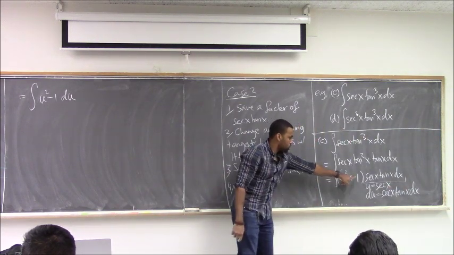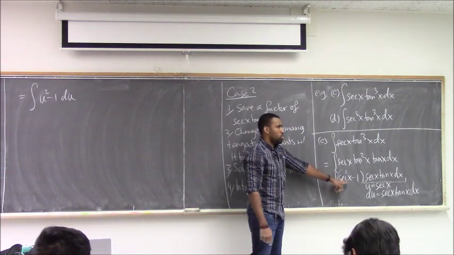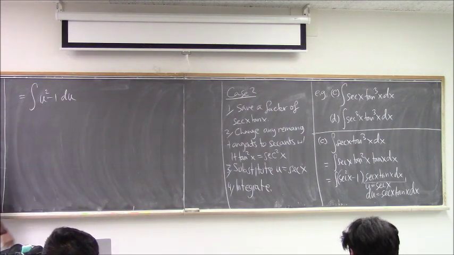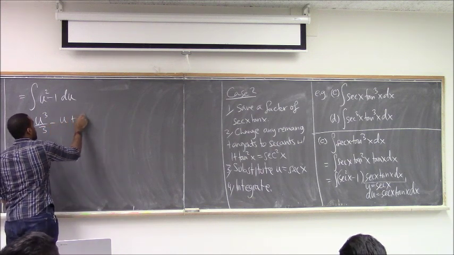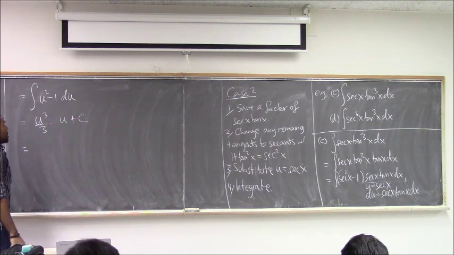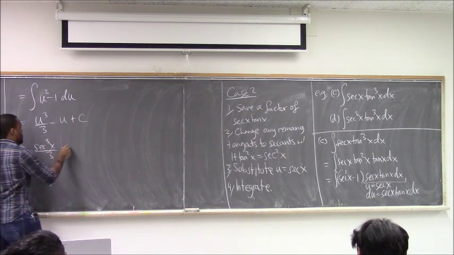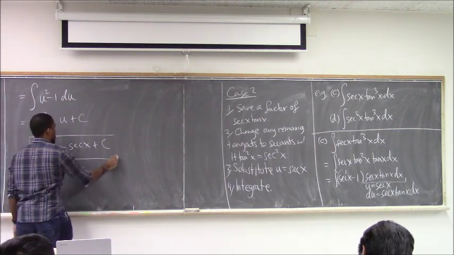You end up with u squared minus 1. I think you multiplied out a secant to get a secant cubed, which you shouldn't. It's not a part of the strategy. So that's going to be u cubed over 3 minus u plus c. And our u was the secant. So that's that.